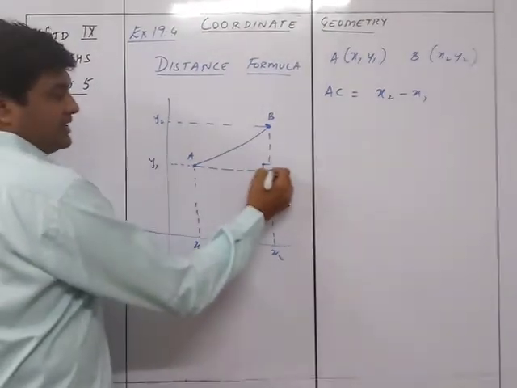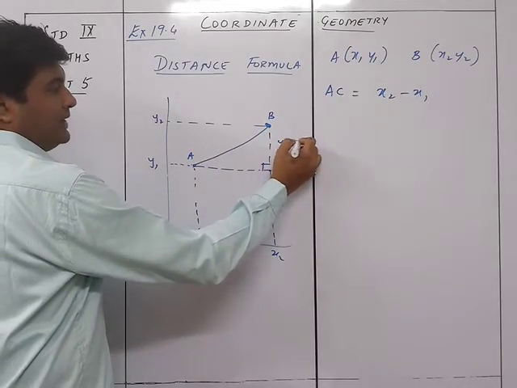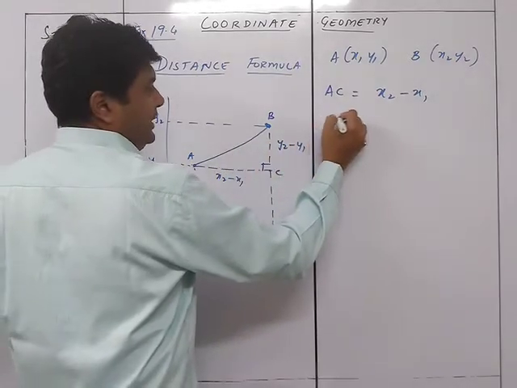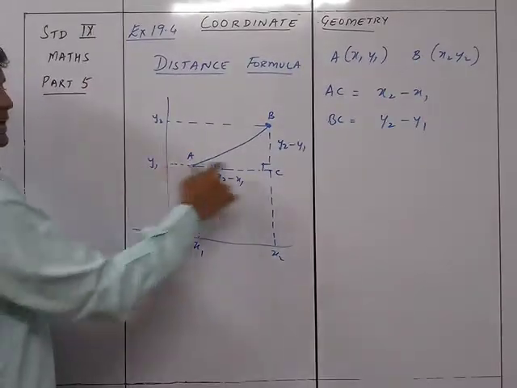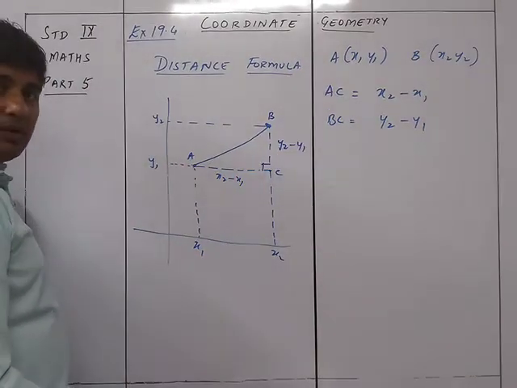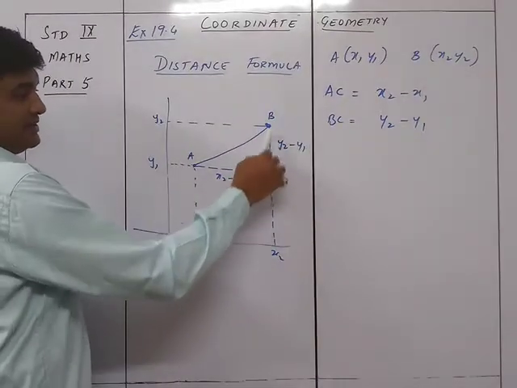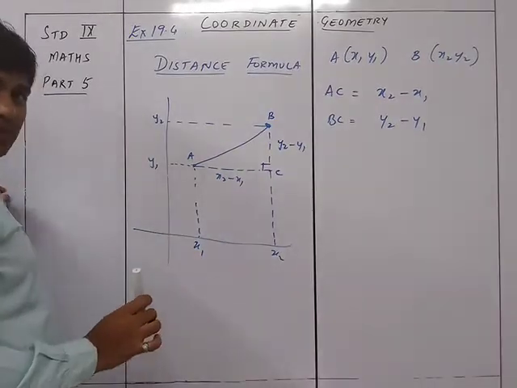Similarly, BC will be equal to y2 minus y1. If this is 6 and this is 3, then 6 minus 3 is 3.